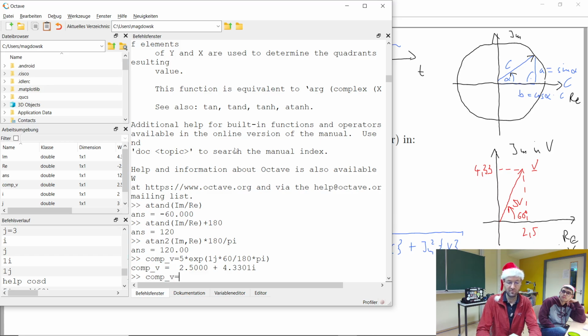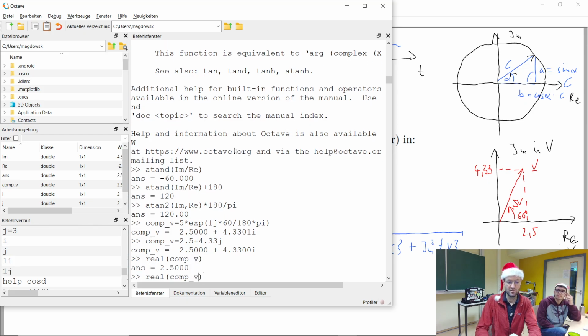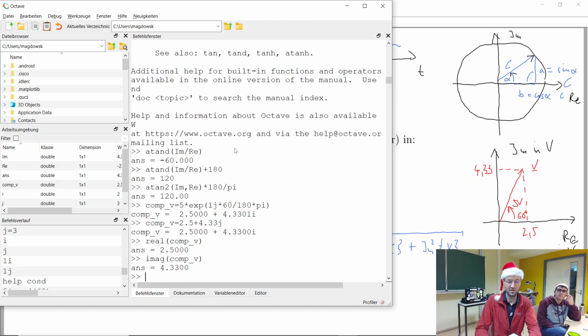And of course we could also say our complex phasor is 2.5 plus 4.33j, and so then it will also work. And so the real part you always get with real, and the imaginary part you get with this, and the absolute value we already discussed.